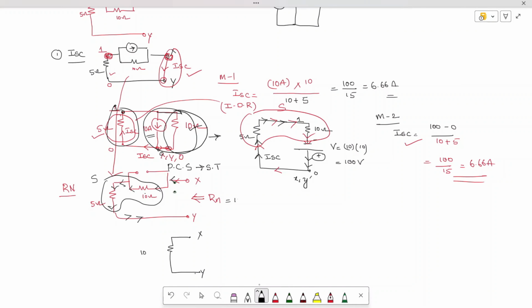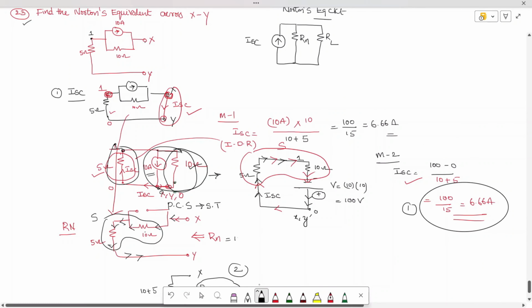Therefore, it is nothing but 10 plus 5, so the value of R Norton is equal to 15 ohms. Therefore, for the equivalent circuit, we are going to have two answers. This is the first answer, and the second answer is this one. This is 1 and this is 2.